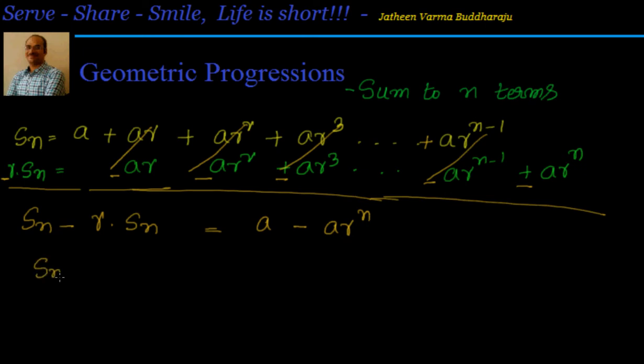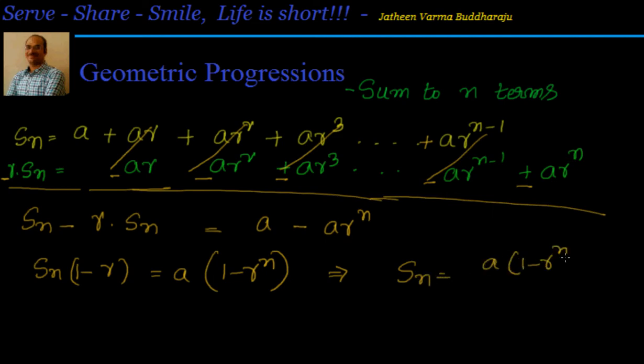If I take Sn common, I will have Sn into 1 minus r equal to a into 1 minus r to the power of n. That's equal to Sn equal to a into 1 minus r to the power of n by 1 minus r, or you can also write it as Sn equal to a into r to the power of n minus 1 by r minus 1. So this is the formula to find the sum of n terms.